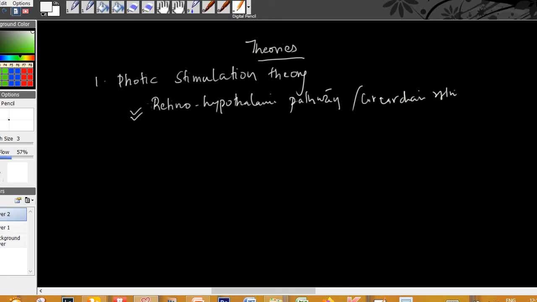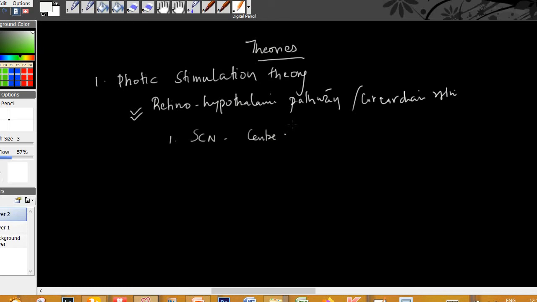So how does it work? You have to say that the center for circadian rhythm is the suprachiasmatic nucleus. First point would be, suprachiasmatic nucleus is the center. Exposure to bright light during morning hours will not allow us to sleep.